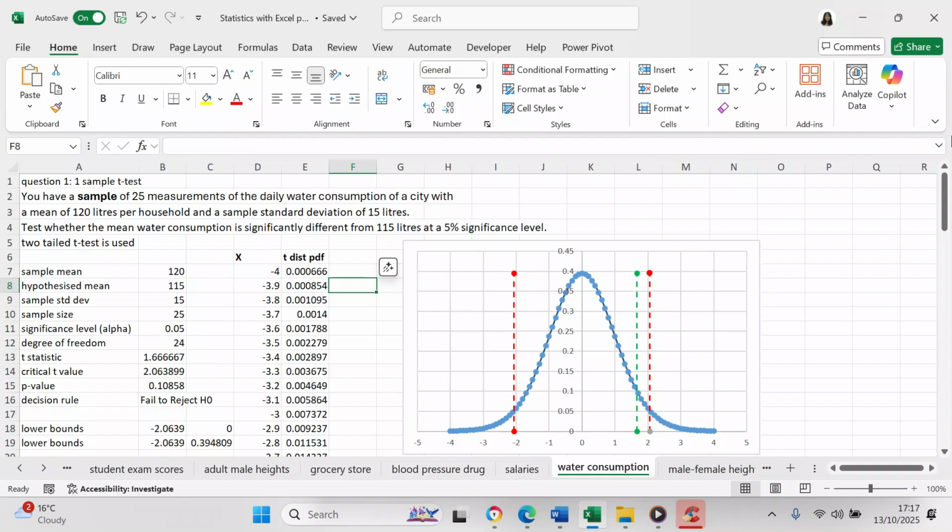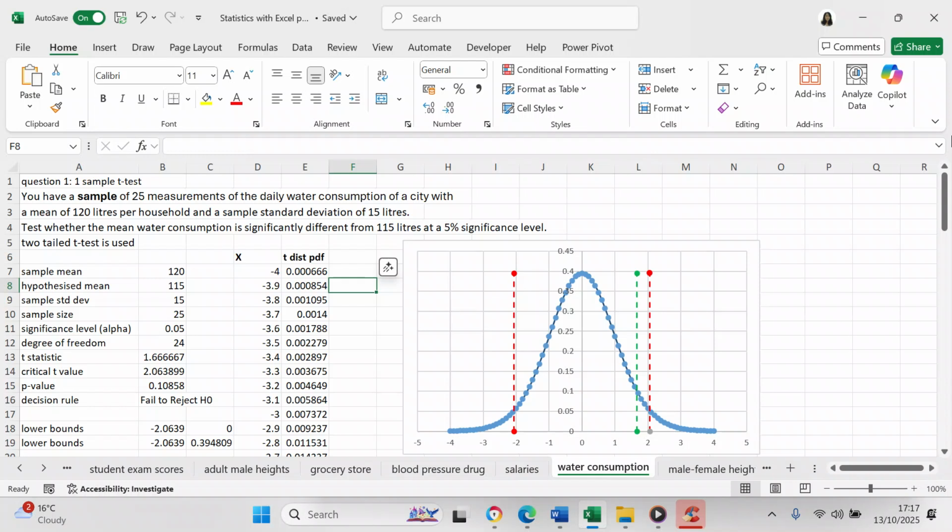And then your T statistic is 1.667. So your T statistic is before the critical T value. And since the T statistic is before the critical T value, this means that the null hypothesis is accepted.